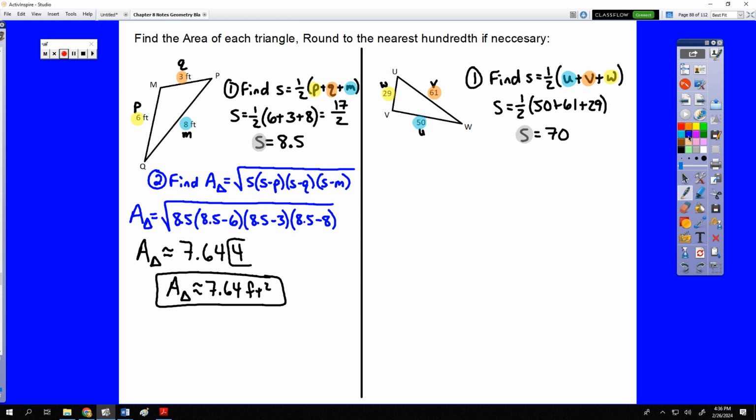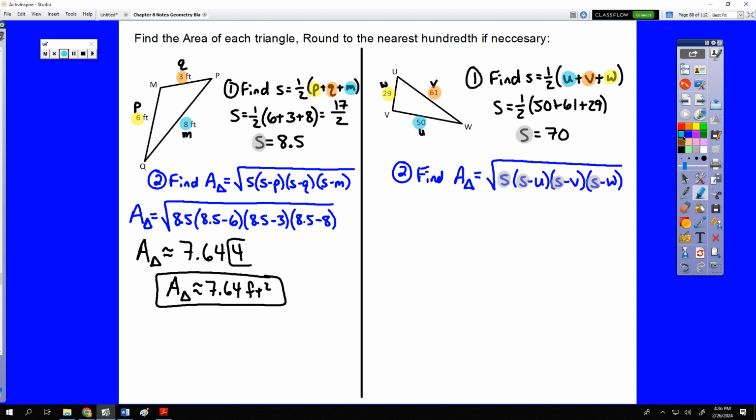Then we turn around and we find the area of the triangle using Heron's formula, which is the square root of s times s minus u times s minus v times s minus w. So again, that 70 is getting plugged in for all 4 s's.